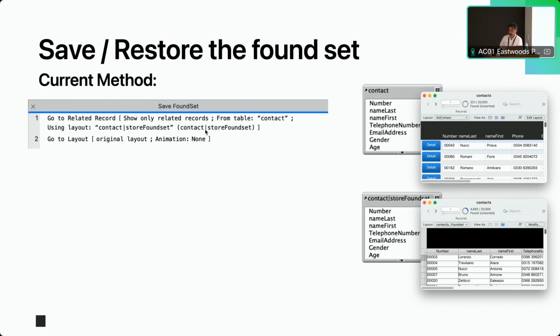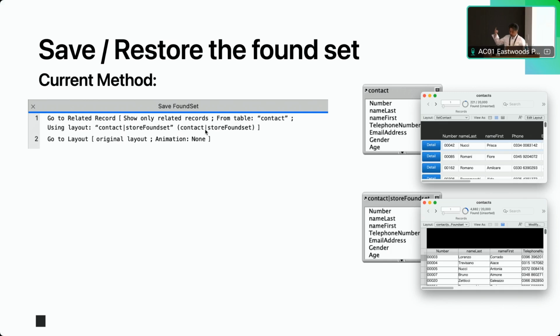In this step, we will move the found set of the TO you're currently seeing to another TO. Right now, we are seeing the one in the upper right. I am operating with the layout called List Contact, assigned to the TO called Contact. And I want to save the found set that we see in this layout.